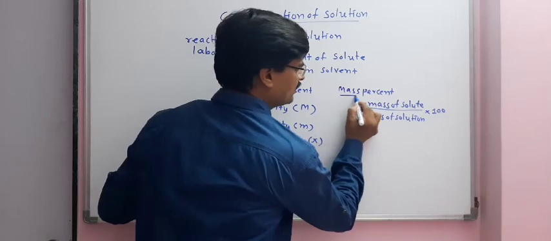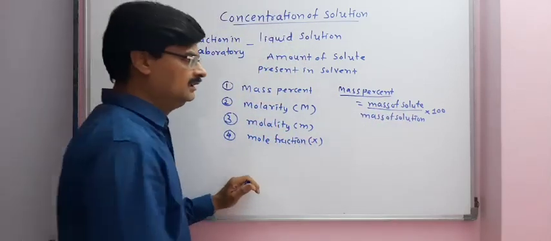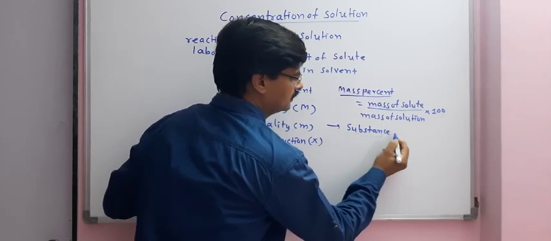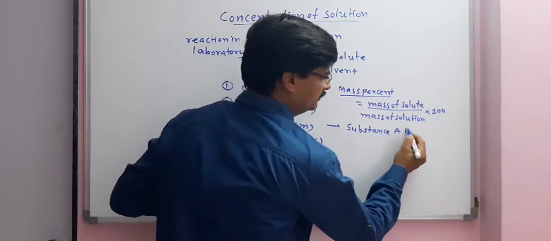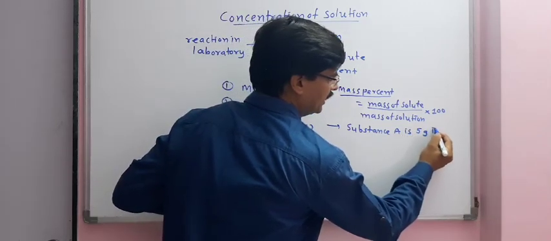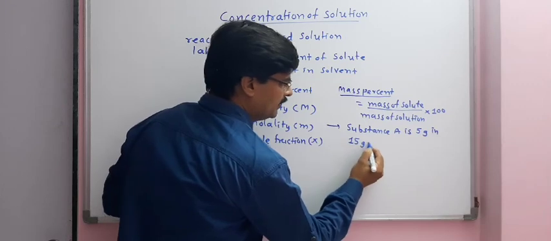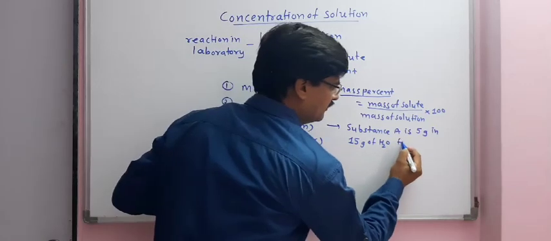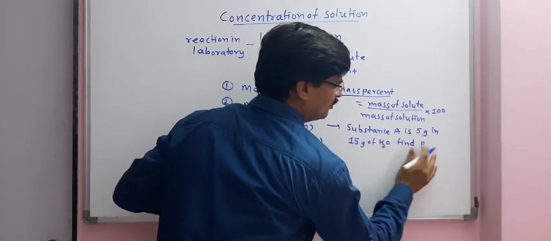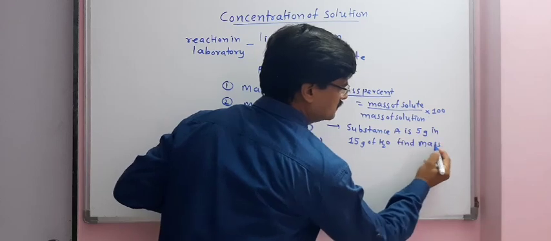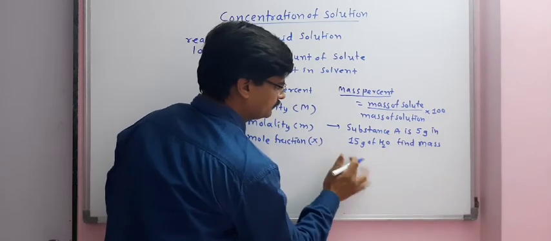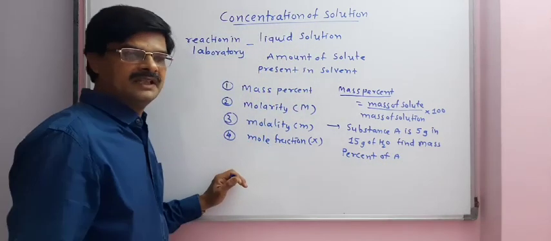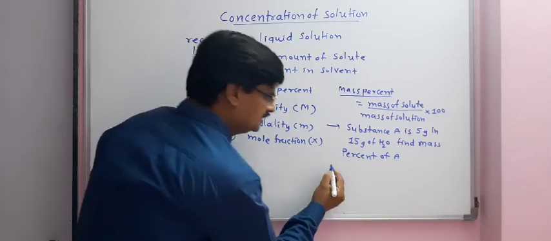To understand mass percent, let's take one example. Substance A is 5 gram in 15 gram of water. We have to find mass percent of A. Then we can find out by using this formula.